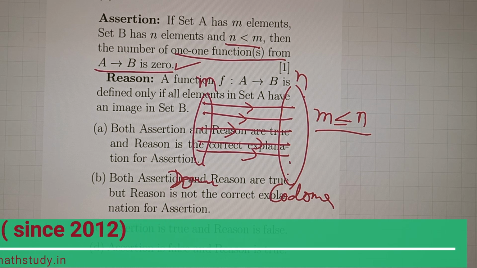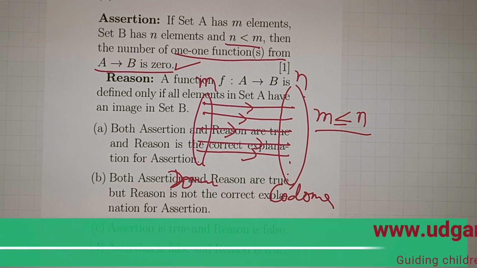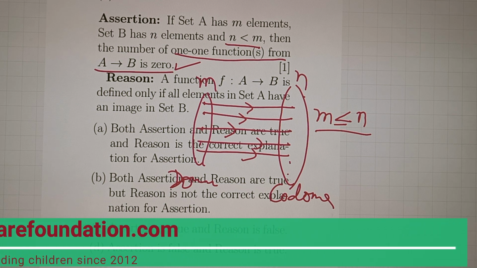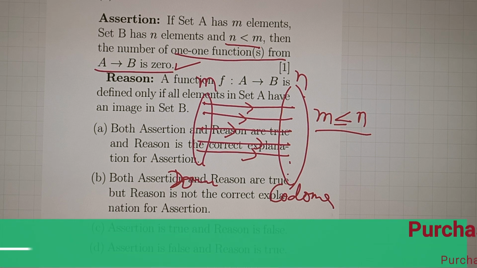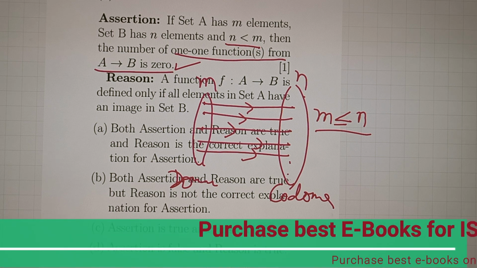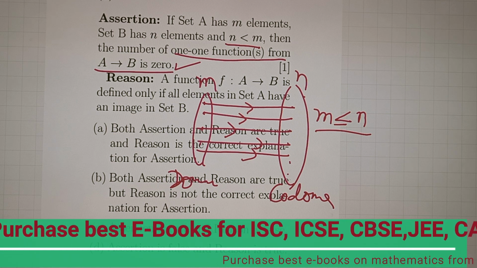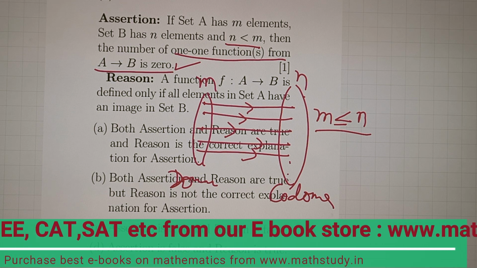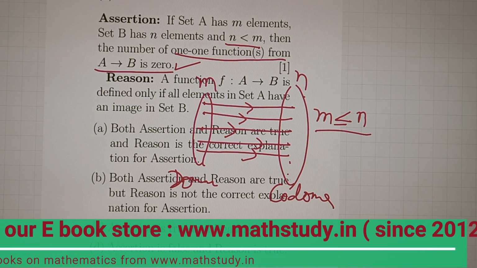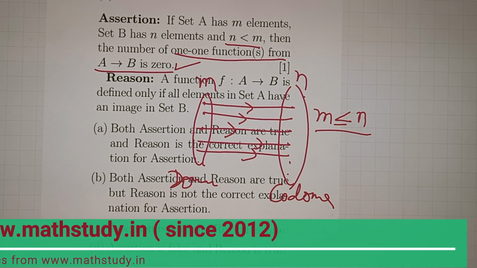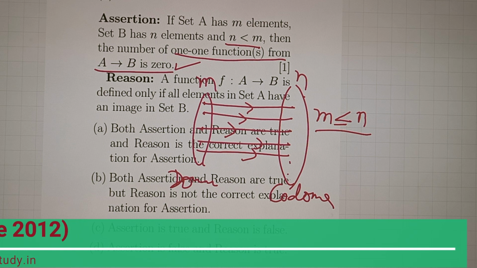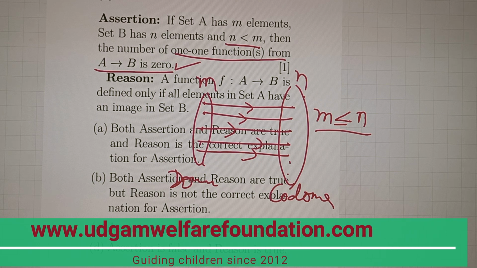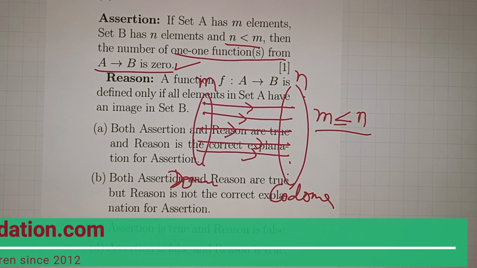Now let's check the reason here. It states that a function from A to B is defined only if all elements in set A have an image in set B. So basically it is a generalization of the definition of a function. This is the definition of a function, and we can say the reason is correct, but it does not explain our assertion, which is about the one-one function.